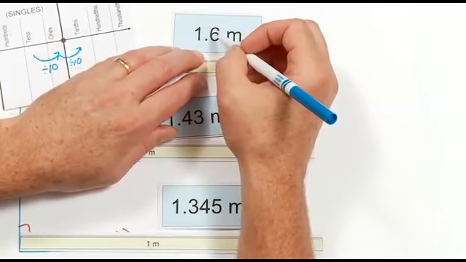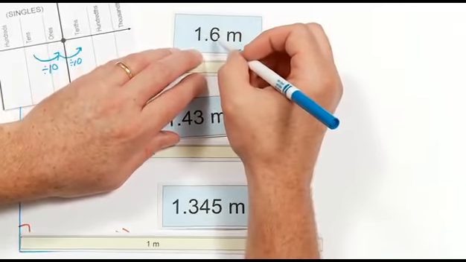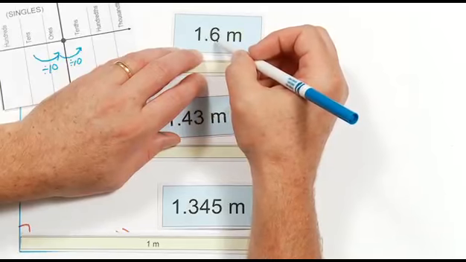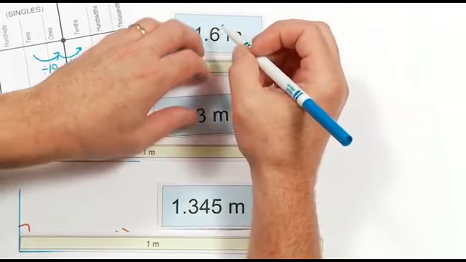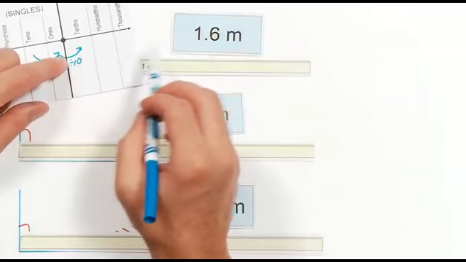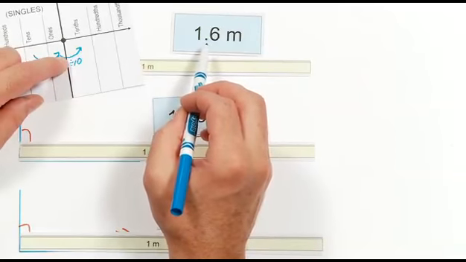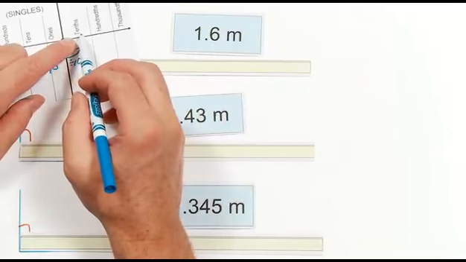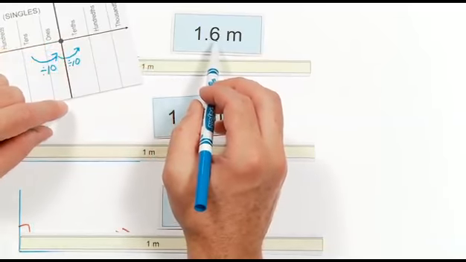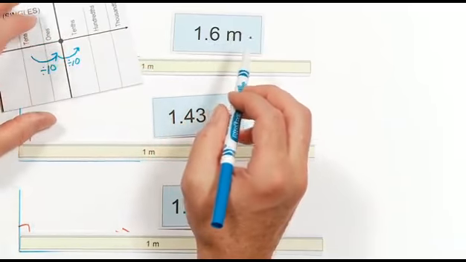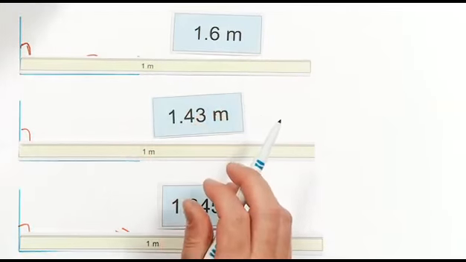1 6/10. Now, you can see the numerator clear enough here. 6. What you can't see is the denominator of this fraction, because that's really what a decimal is. It's a fraction written in a different form. The denominator is hidden in the place value, 1 6/10 of a meter. So what does that look like?